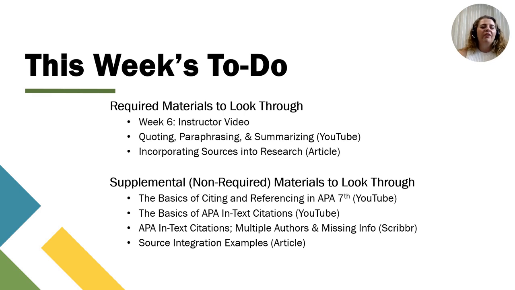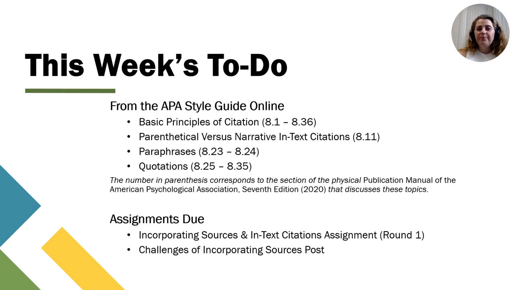We have another video on the basics of APA in-text citations, a Scribner article about in-text citations looking at multiple authors as well as missing information, and another short article on source integration examples. Also, we do have information from the APA Style Guide online. Again, make sure you look at that document listed in the Brightspace page for those links.